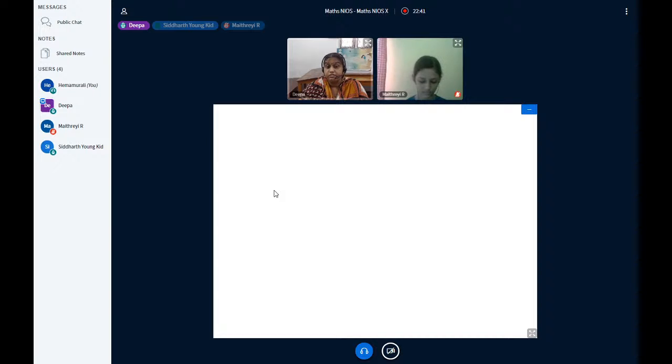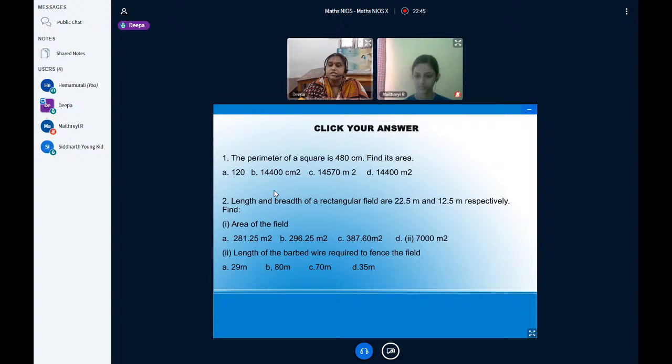Now it is your turn. Now you calculate the sum and give the answer. The first question is, the perimeter of the square is 480 centimeter. Find its area. Calculate and give me the answer.